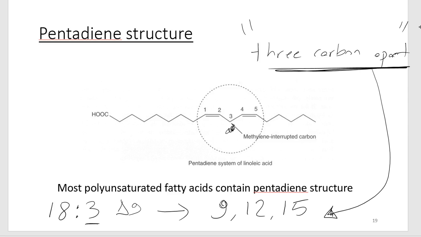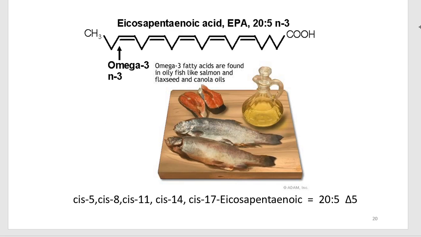Let's see another example. So we can also write the cis configuration if we know it's a natural fatty acid. So that's EPA.